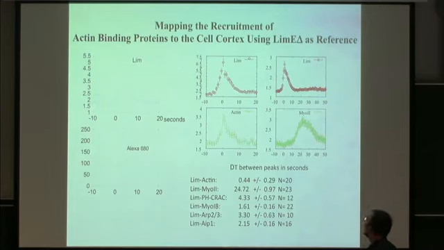Here we see LIM and then actin, and LIM is a good marker for F-actin because it shows up almost as the very first thing.